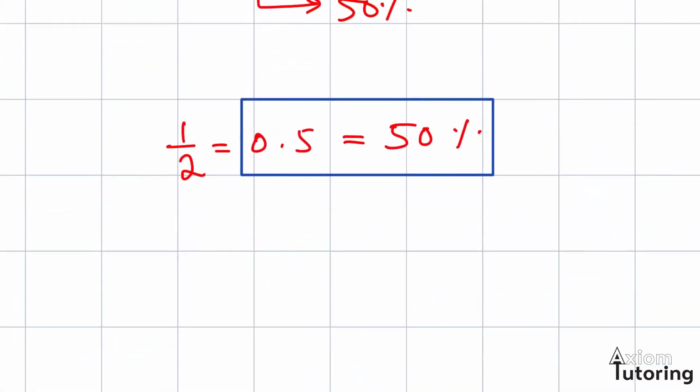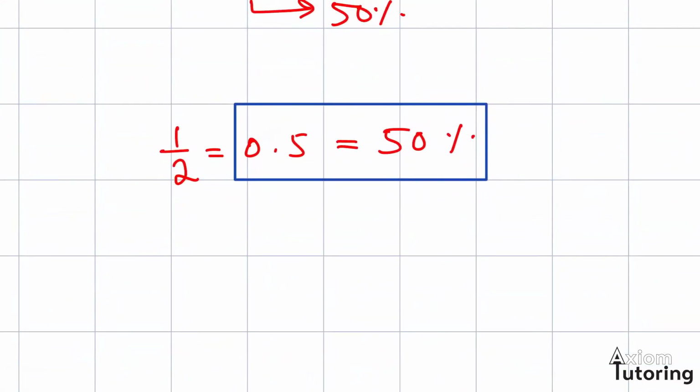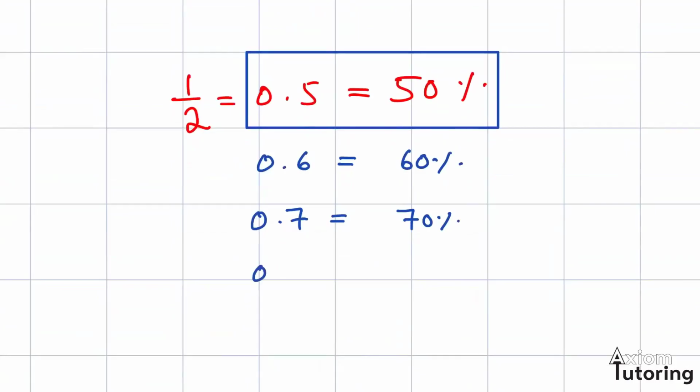If 0.5 is 50%, 0.6 must be more than that. How much more? 10% more. 0.6 is 60%. So 0.7 must be 70%. What about 0.8?